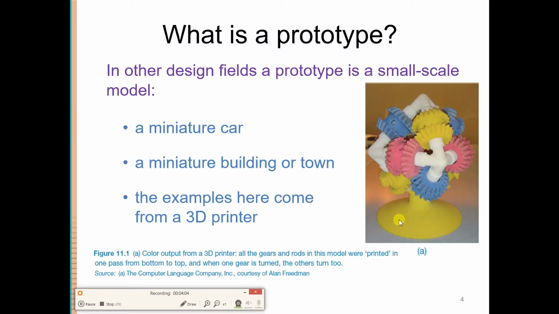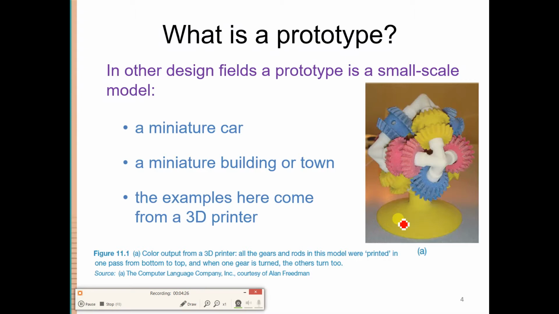So the first question is, what is a prototype? In other design fields, a prototype is a small scale model. Whatever we are constructing, we create a small scale model of it. For example, if we are going to manufacture a car, then a miniature car is going to be the prototype, which is a very small car.